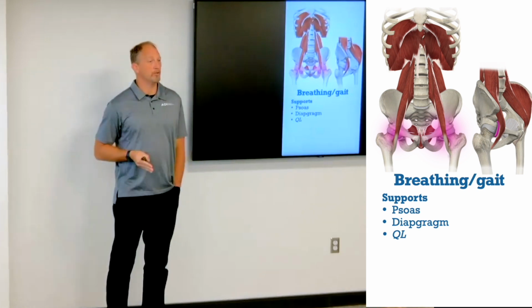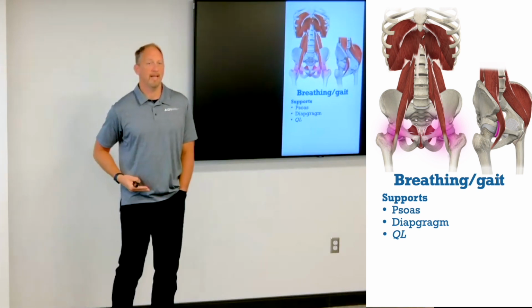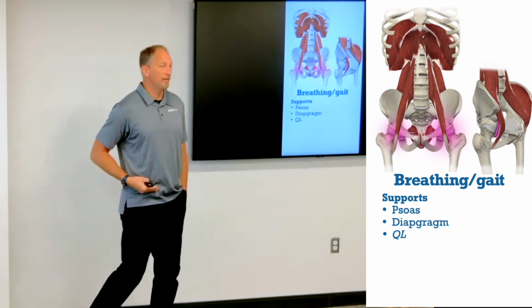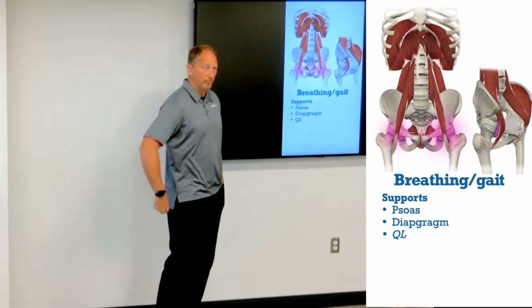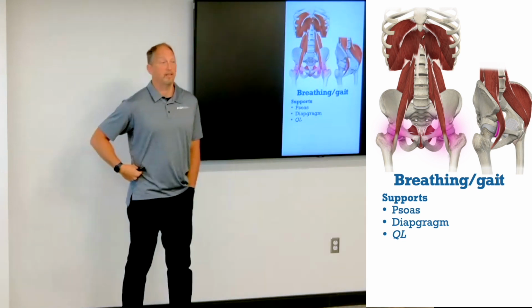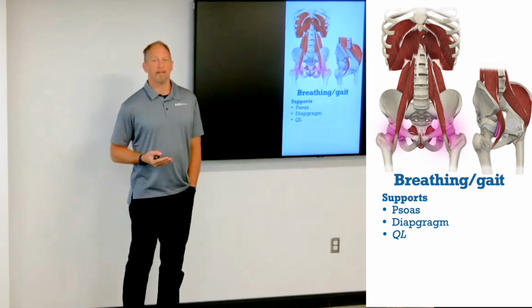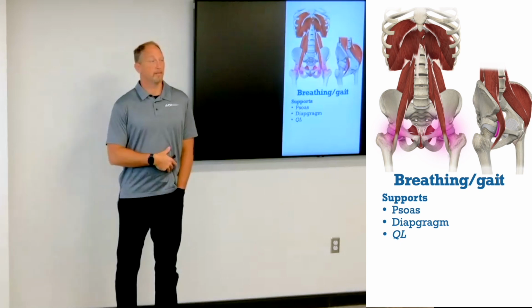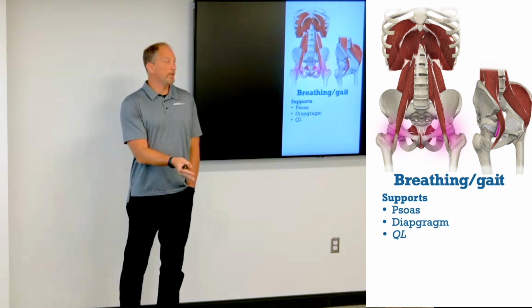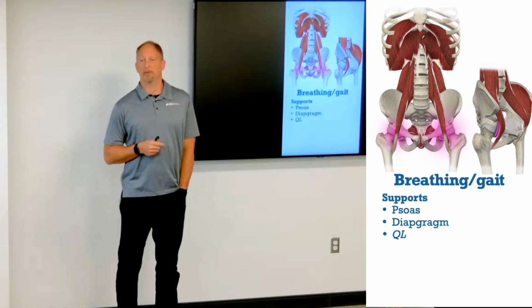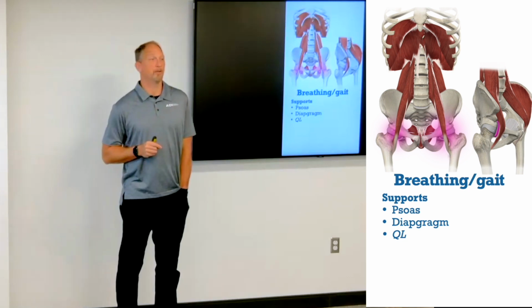Now, while we're doing that couch stretch, or while we're doing that inline half kneeling hip flexor stretch, what I want you to pay attention to is no longer the pelvis. I really could care less what's going on here. What I want you to pay attention to is what's going on with their belly, what's going on with their mouth. Because if they could breathe on the table and you check that box and they were breathing diaphragmatically, you did exactly what I told you to do.